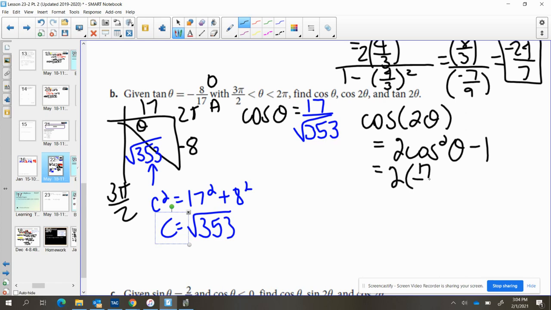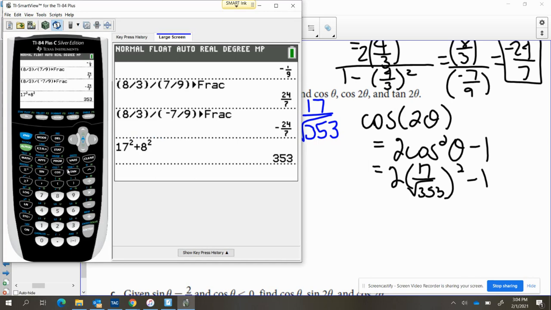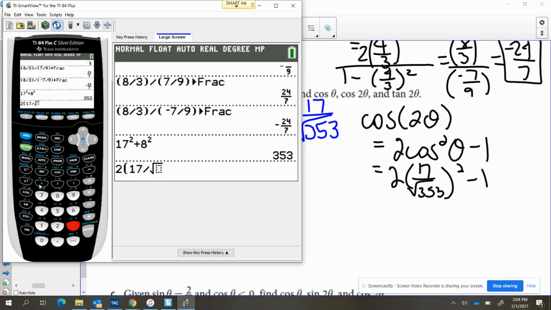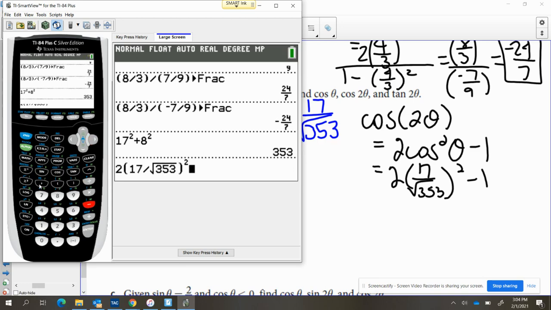So 2 times 17 over the square root of 353 squared, minus 1. Well, the nice thing here is when we square a square root, it usually goes away, right? We're going to square this, 353 squared, and then minus 1.